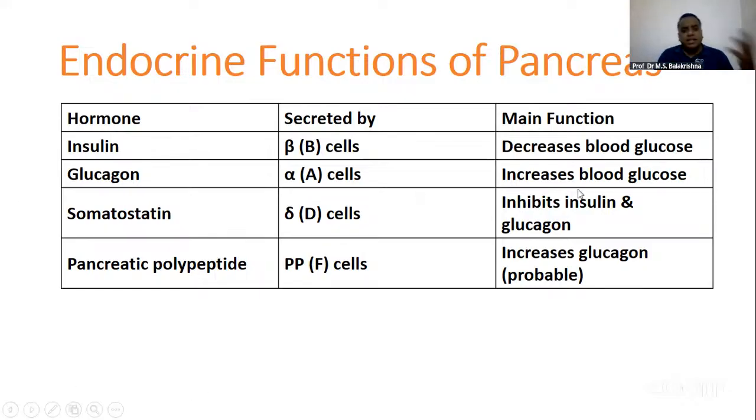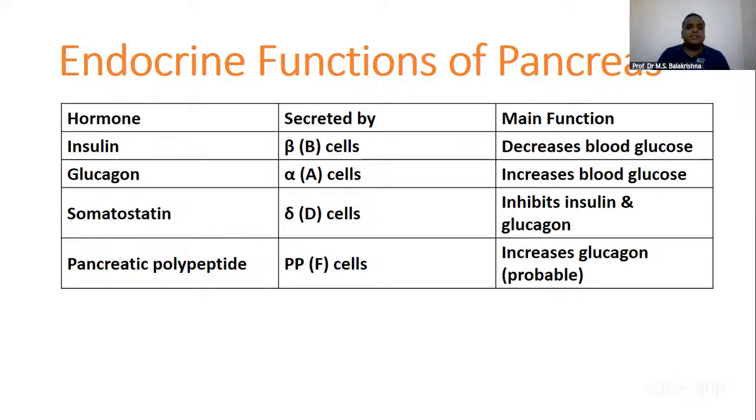Insulin decreases the blood glucose, glucagon increases the blood glucose. One is given in diabetic shock when the person goes into shock, and another is given in hyperglycemia. Whenever the glucose content is low or high, hypo and hyper.